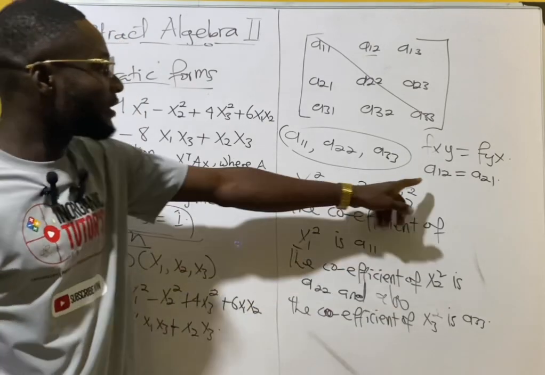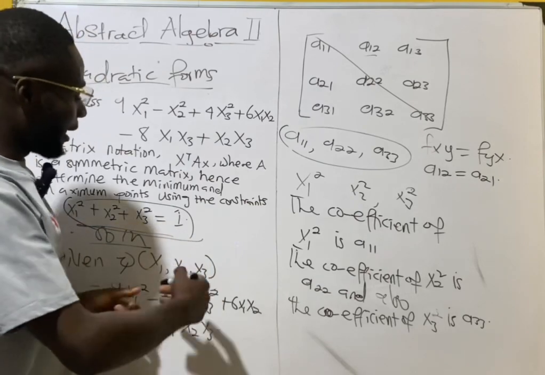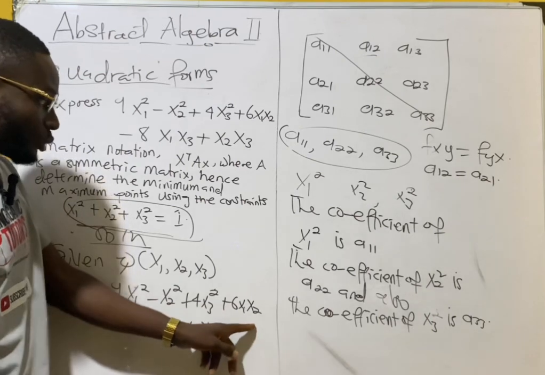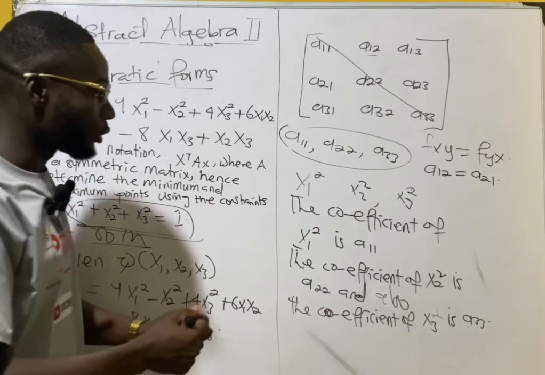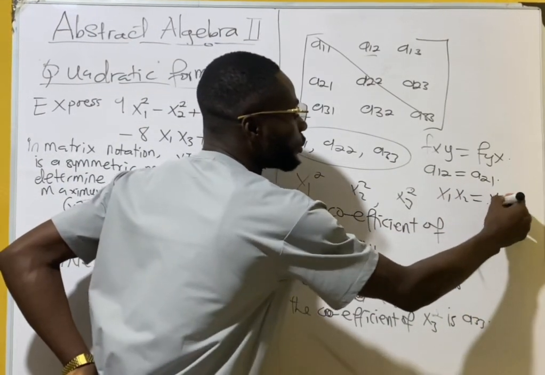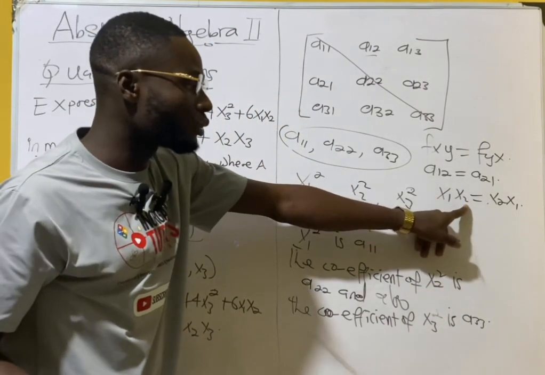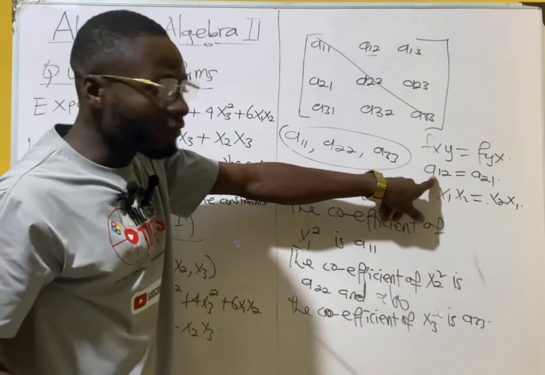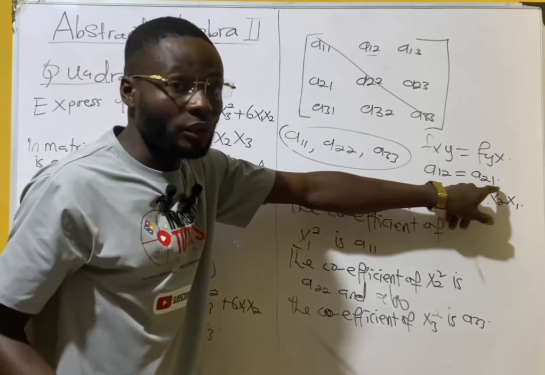So A12 is the same as A21. In the quadratic form, that will be x1 x2, which is the same as x2 x1, right? So the coefficient of x1 x2 or x2 x1 becomes the value of A12 and A21, right?